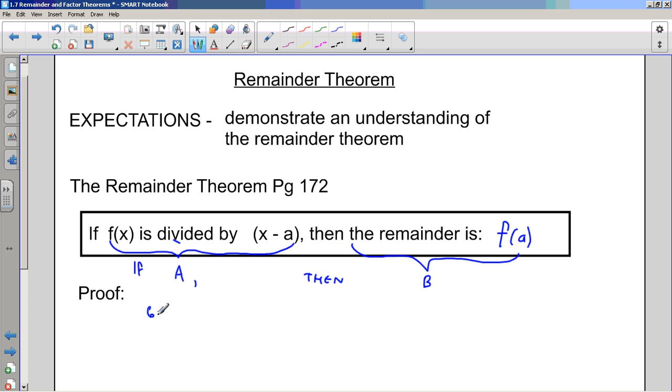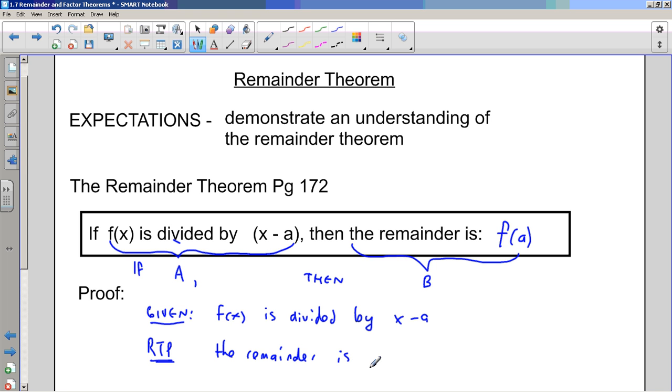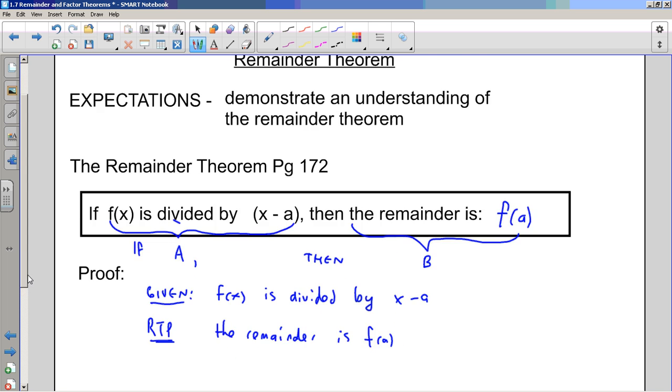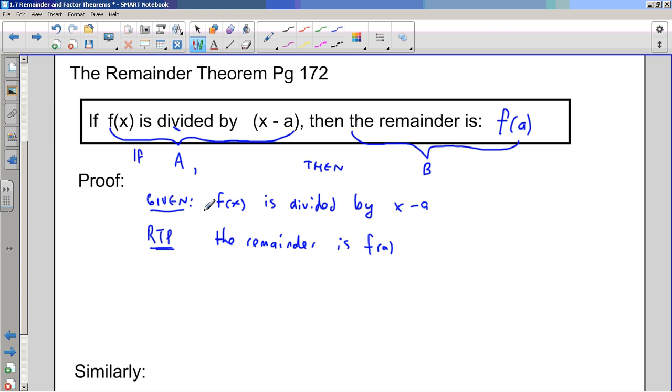So we're given that f(x) is divided by x minus a. That's what we're given, and we're required to prove we'll know we're finished if we can come up with the remainder is f(a). Okay? And how we're going to start is with this statement. So here we go. Proof.